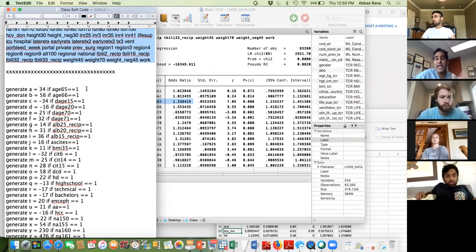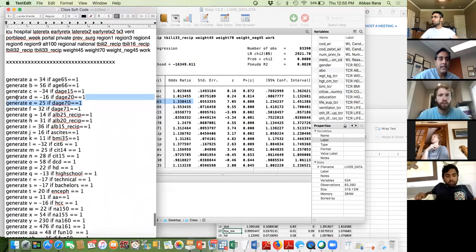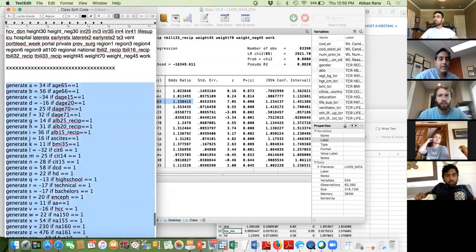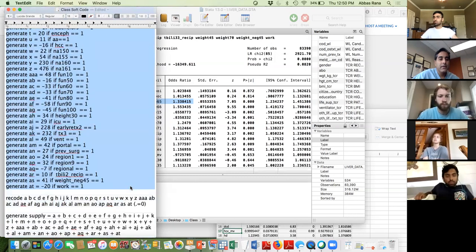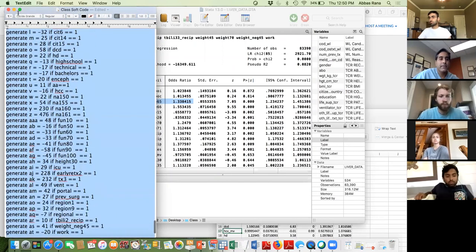That means if a patient has this variable where age 65 is equal to 1, they're between 60 and 65, and they're given 34 points. And I just go through all the variables like that. Basically, you're assigning a point total for every variable based on every percentage point, and then you add them together. That gives you the SOFT score.